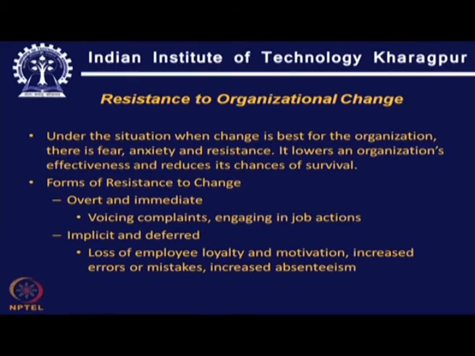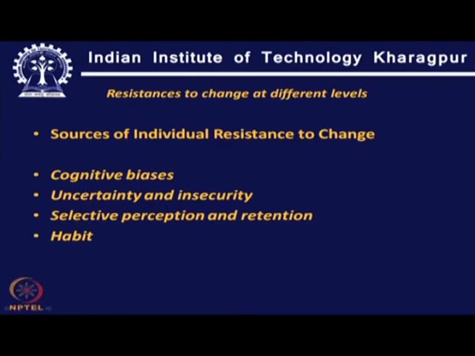So, there could be resistance to change at different levels, like resistance to change at the individual level, and resistance to change at the group level. What we see over here is that at the individual level, the sources of resistance to change are the cognitive biases, and the uncertainty and insecurity people feel from the changes that are to be brought in.